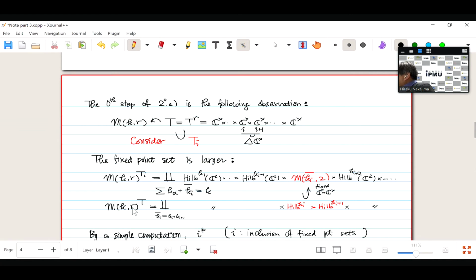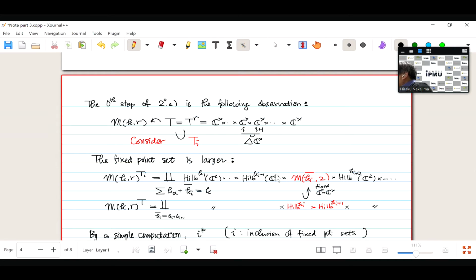And if you further take the maximal torus T, then this two-dimensional torus is replaced by a product of Hilbert schemes. So in this way, you see that MKR contains the rank 2 moduli space inside. And as I said, the rank 2 case corresponds to the chiral algebra.